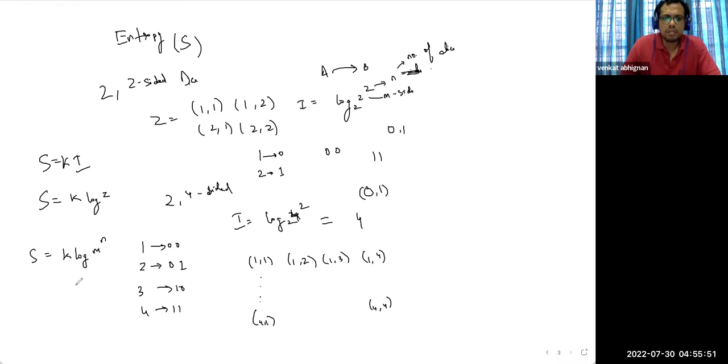Simple as that. But now we'll be interested in a scenario where we take m-sided dice, but the n dice are identical. That will be the most interesting case.